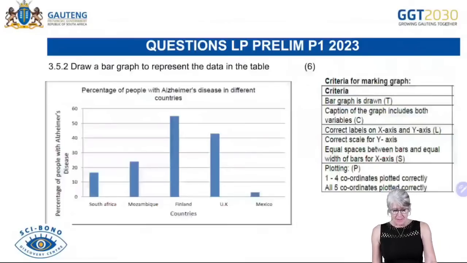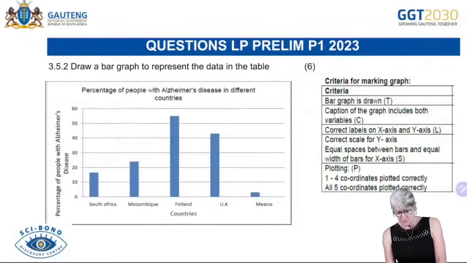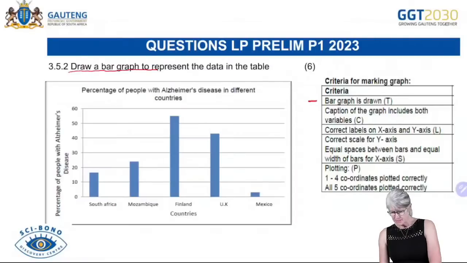So here, what is very important is that straight away, we've already got 1 mark if we follow the instruction. Because in the question it says, draw a bar graph. And if you have a look at the criteria, and how we mark the bar graph, it says a bar graph is drawn, and I get 1 mark.